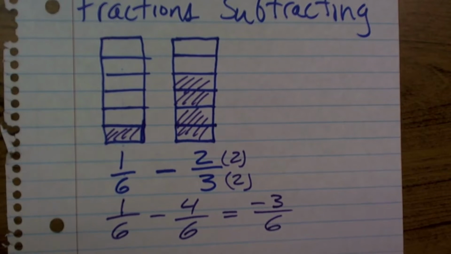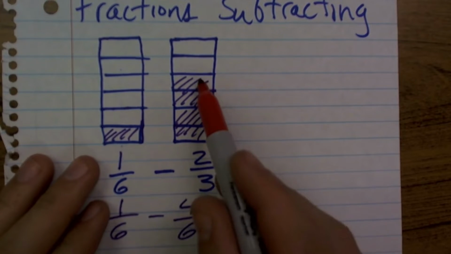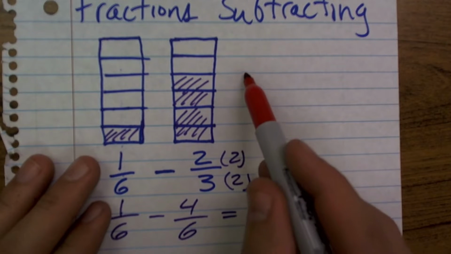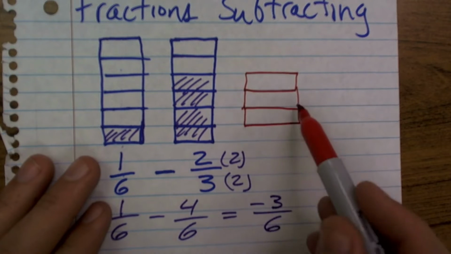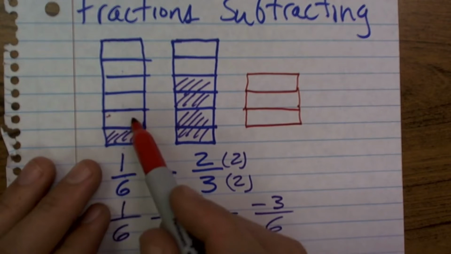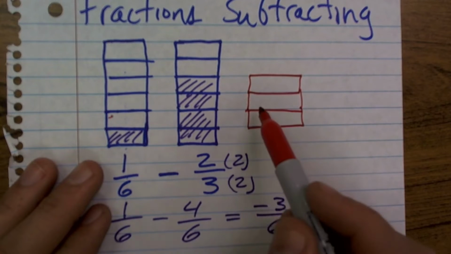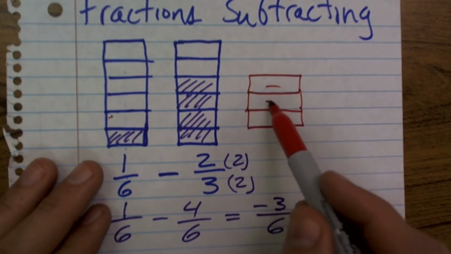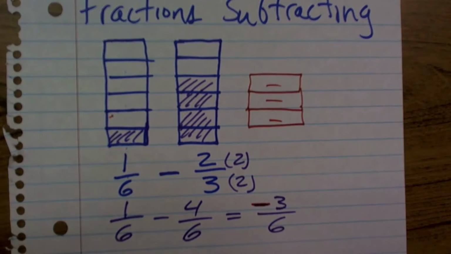If I have 1 and I need to subtract 4, I'm going to be missing some. These are going to be my negative; this is what I'm still going to owe. I'm still going to owe these 3 bars. So 1 minus 4, I'm still going to owe 3 more bars. That's why the sign is negative. So it's a negative 3/6.